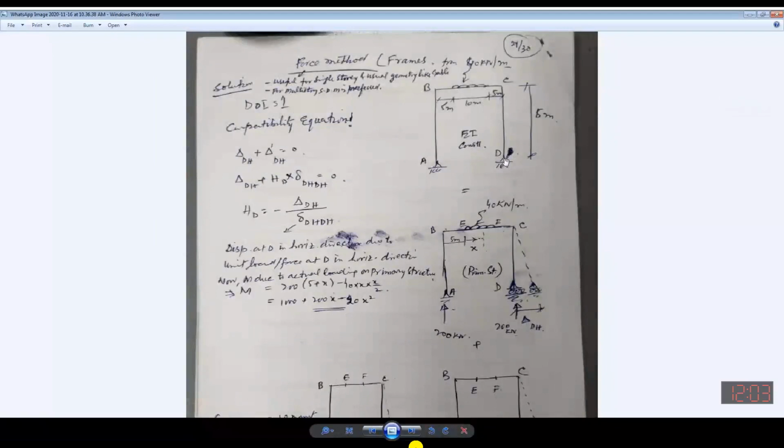If I say under the effect of this 40, it shows you displacement in the horizontal direction by 40 millimeter, then what will be the equation of compatibility?